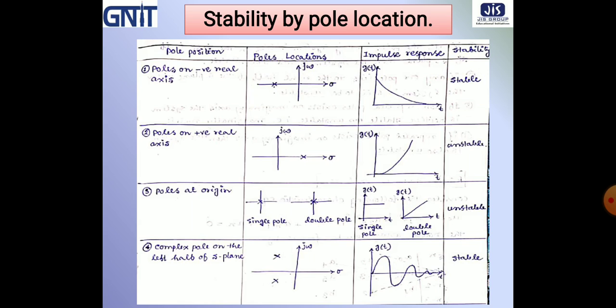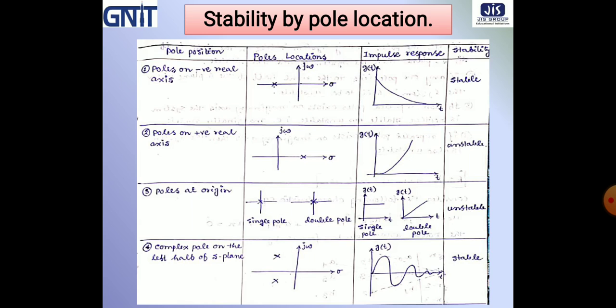to the positive real axis, then we can see that this is our new pole location. And for this particular location, if we calculate the impulse response, it will be like this. That means it goes to infinity with increasing t. That means the value of g(t) tends to infinity for sufficiently large time.